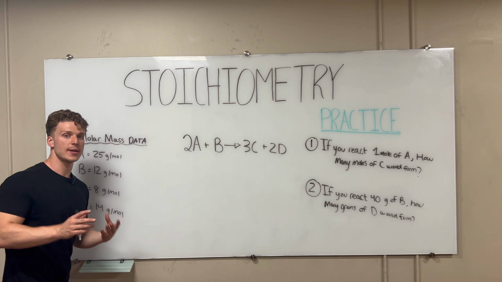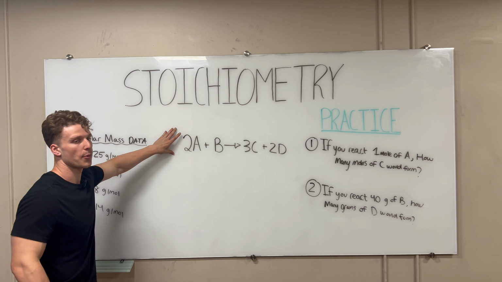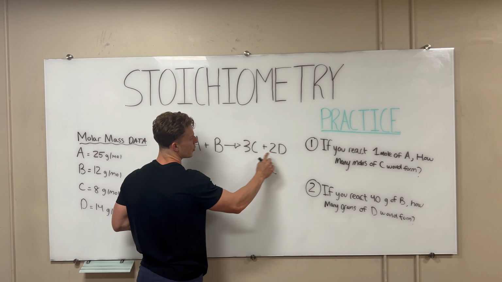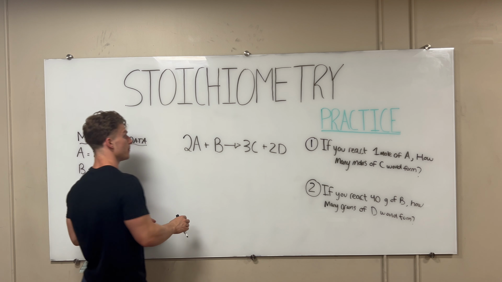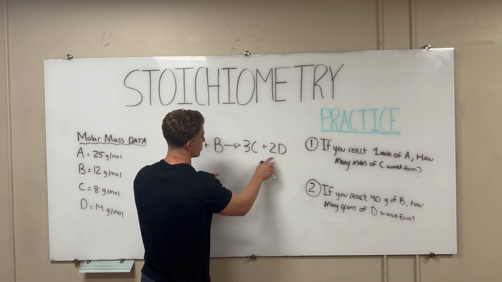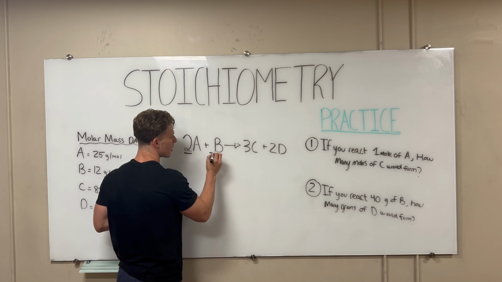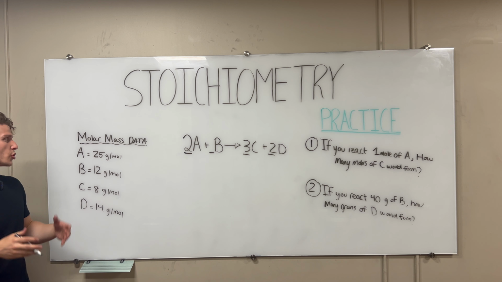Well, the first thing we need to do if we're going to use stoichiometry is to get a balanced chemical equation. Now, I made up this equation with these made-up variables. However, if we were dealing with a real chemical equation, we would need to make sure that everything was balanced on each side. And the way we do that is by adding these coefficients in front of our chemical structures, right?